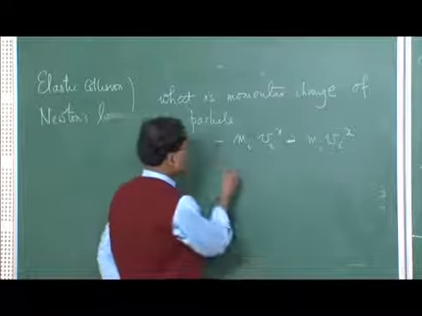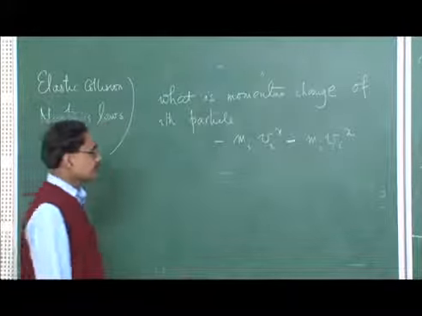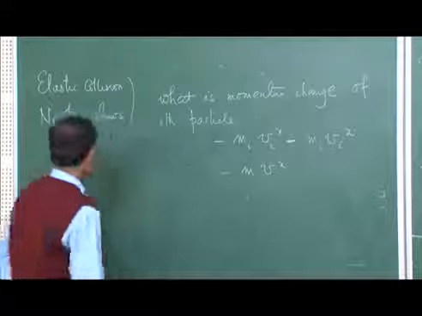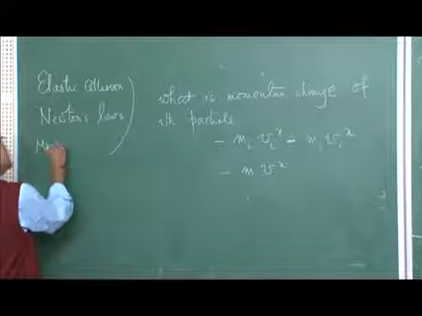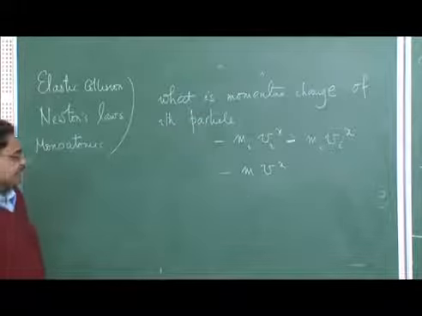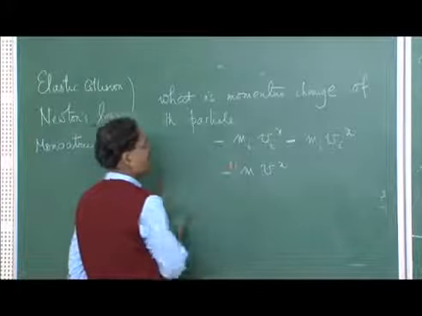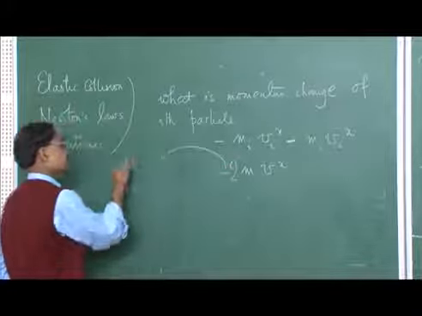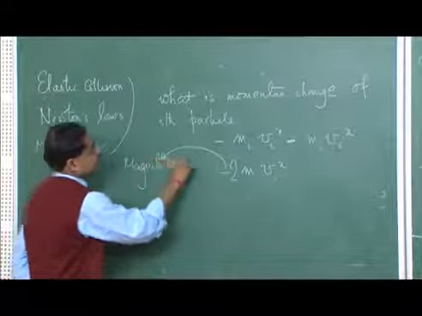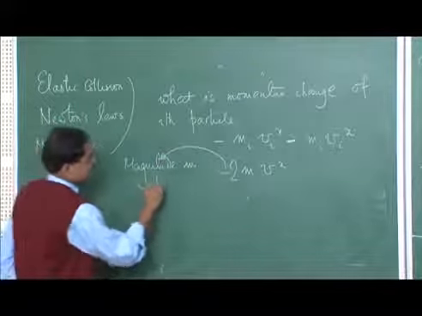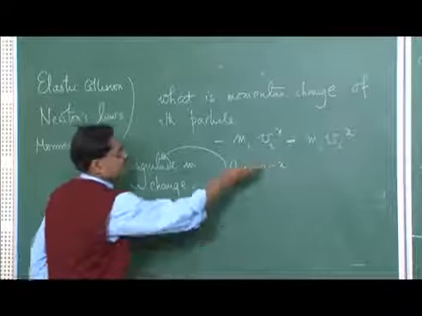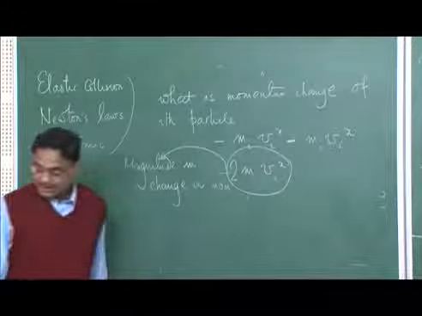Now I assume, which is very reasonable, that all of them have mass m, and sometimes I will soon need that it is monoatomic, so I write it as a monoatomic ideal gas. This is the magnitude of the change in momentum. It is just this quantity.